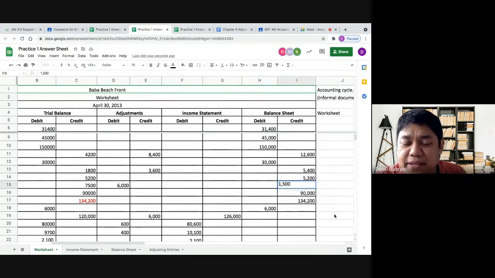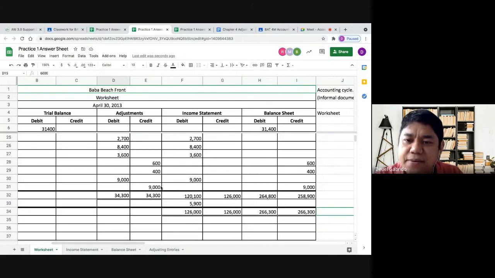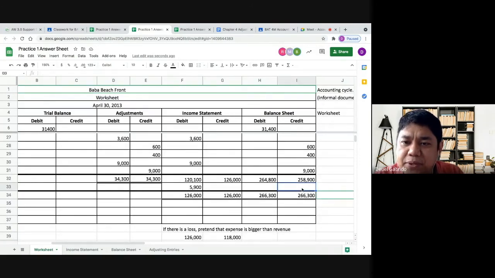Okay? So this one should be here. Do you see my screen, guys? You see it, right? So the 1,500 must be on the credit because unearned revenue has a credit balance which is bigger than the adjustment. Let's see what's going to happen now. If I put 5,900 here, let's see if it's going to be correct.